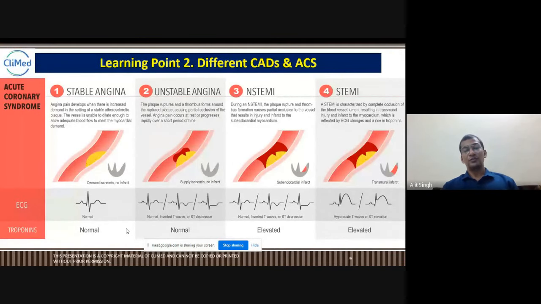Okay. Now, if the patient is getting chest pain for more than 15 minutes, and if it is radiating to the jaw or your left arm, that is serious. If you have chest pain, there are many other kinds of pains. There are other differential diagnoses.